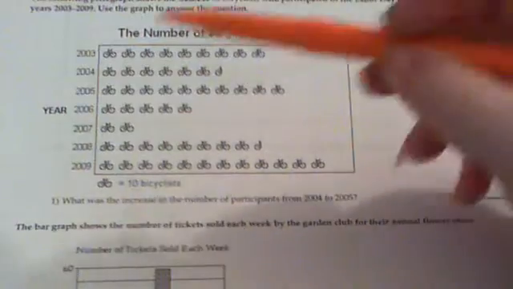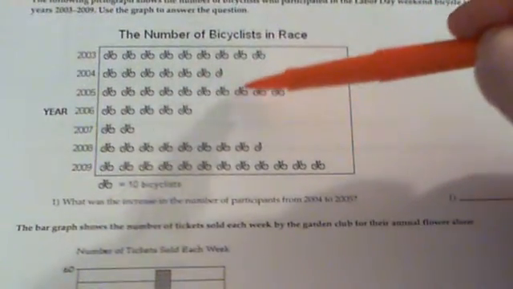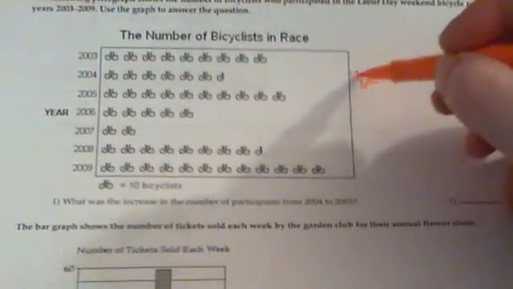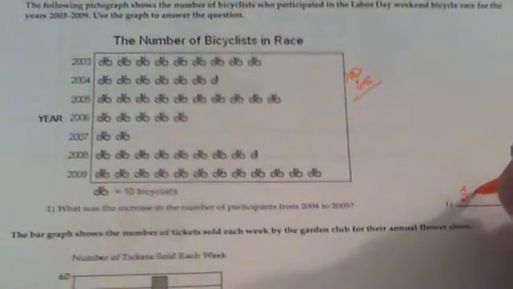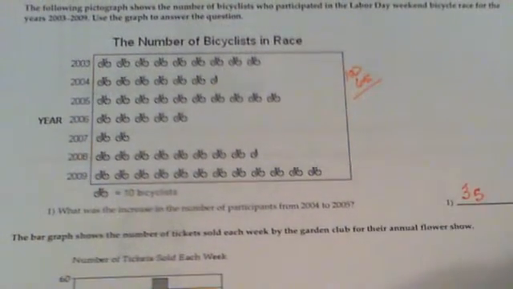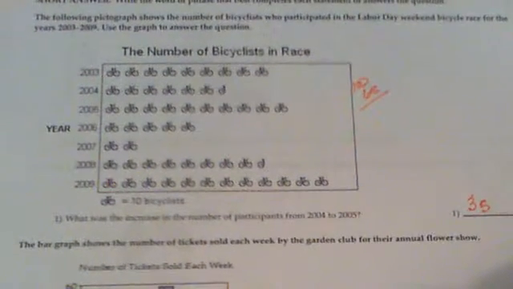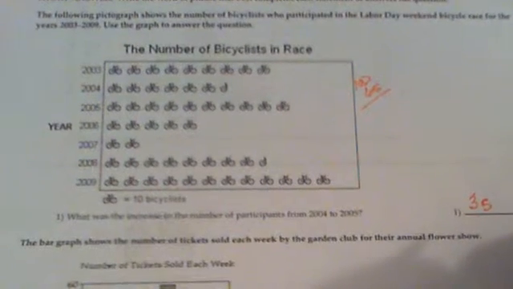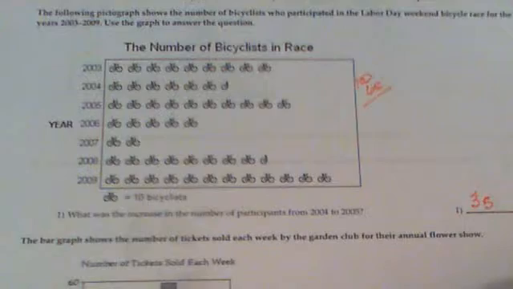And then in 2005, we have 1, 2, 3, 4, 5, 6, 7, 8, 9, 10. So that's like 100. When you subtract those two, you get a 35 difference. So there were 35 more bicyclists in 2005 than in 2004. I'm not going to be so nitpicky as to want you to write the bicyclist part, but I do need the 35.